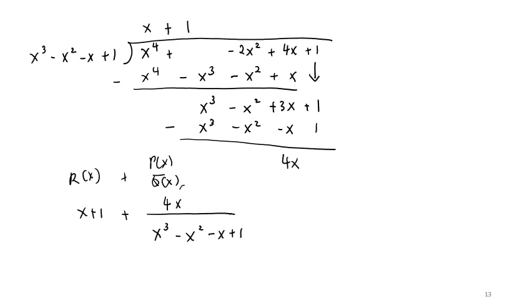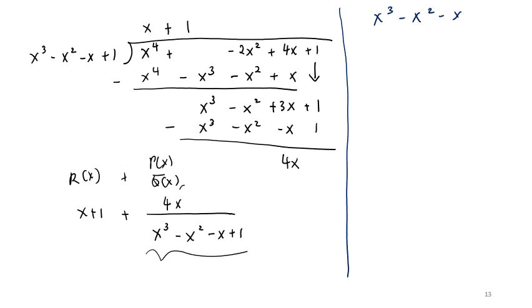If you notice, your Q(x) here can be factorized into distinct linear factors, some of which are repeated. So let's do the factorization here. This x cubed minus x squared minus x plus 1, you can factorize the cubic polynomial.